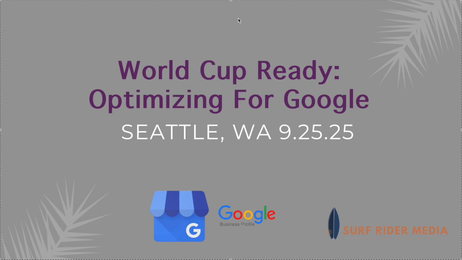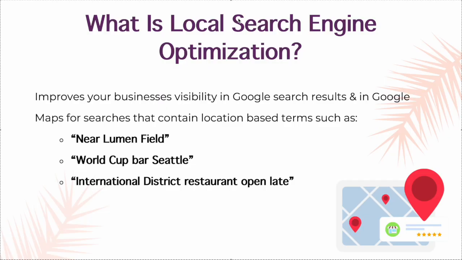Okay. So as mentioned, Google Business Profile, the core of local search engine optimization. Local is going to be a little bit different than your general SEO, where it's focused on search terms with identifiers of location and relevance.